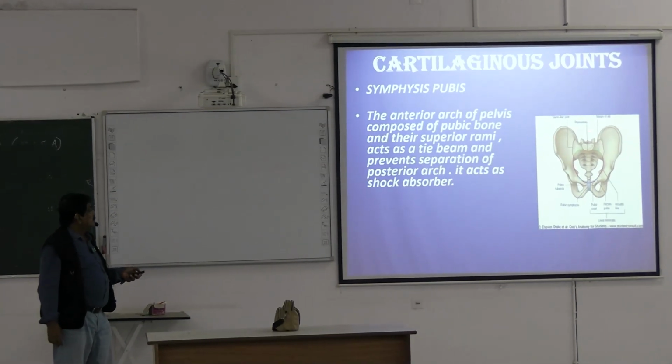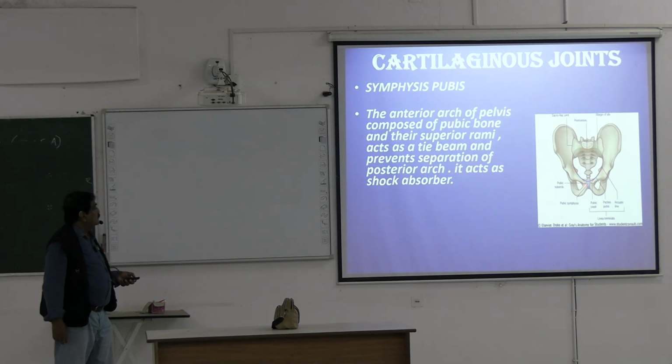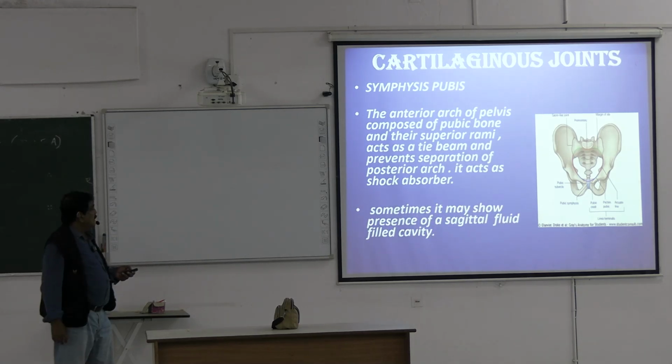See this. This posterior part is a shock absorber and this is the symphysis pubis. Sometimes it may show presence of a sagittal fluid cavity.